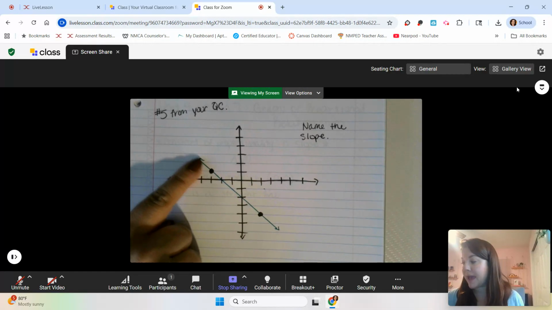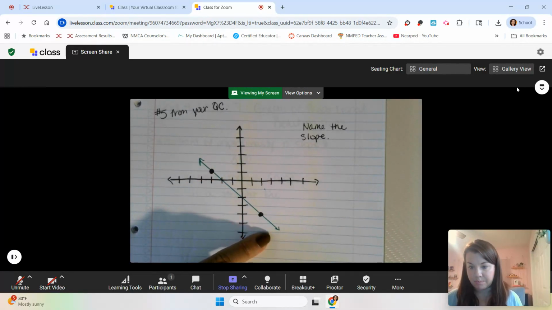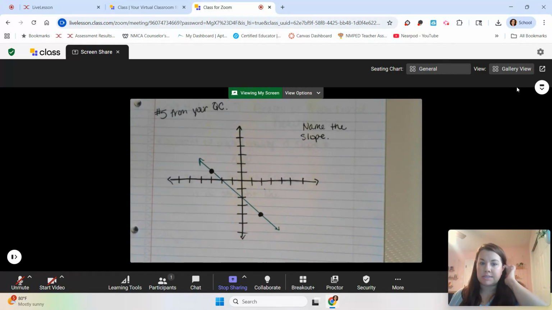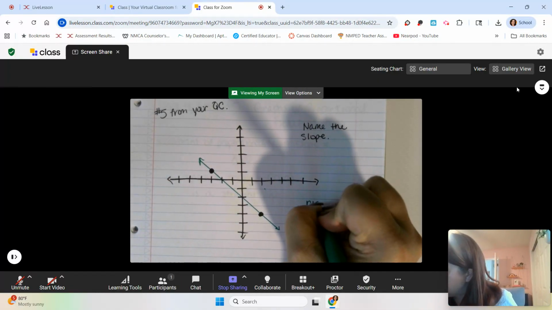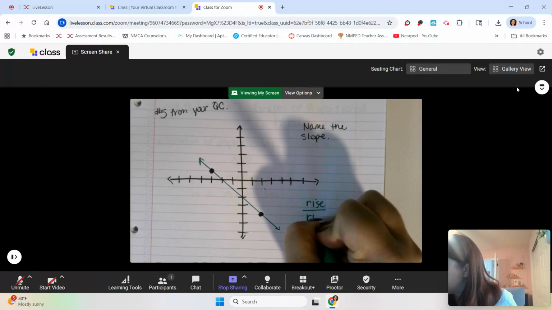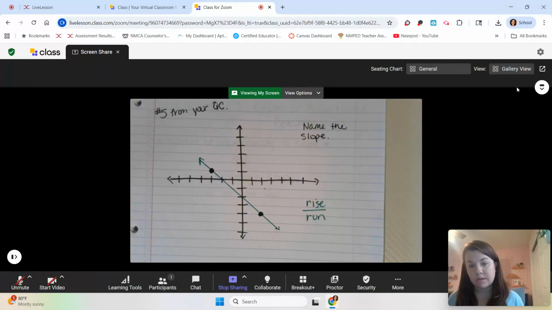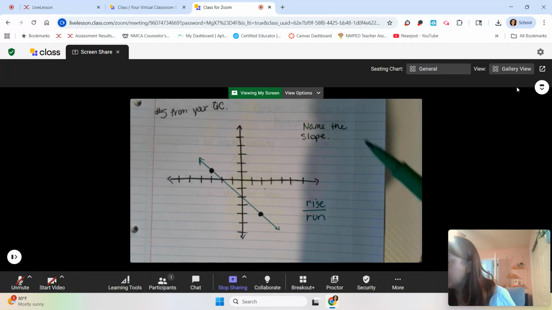So we're naming how steep this line is, basically. And to do that, you have to figure out your rise. You've probably heard this before, rise over run. So it's how far up or down you go first, and then how far left or right.